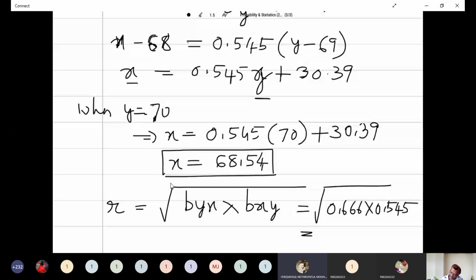The root is 0.602. Yes, 0.602. This is the r value.